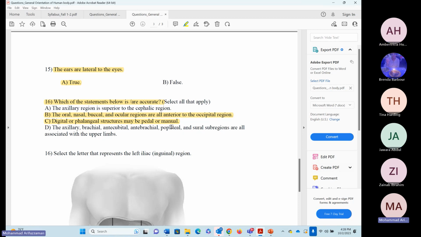And what is sural? The calf. Sural means the calf. Popliteal and sural are the lower limbs. Axillary, brachial, antecubital, and antebrachial are the upper limbs.